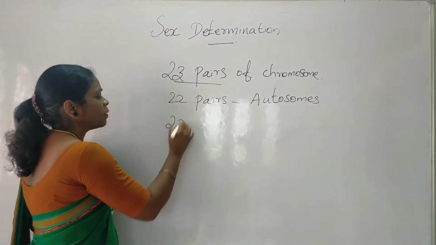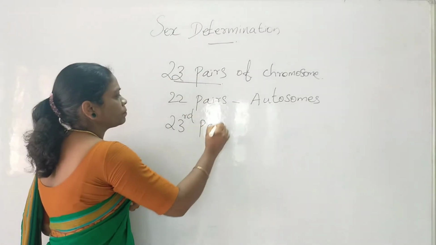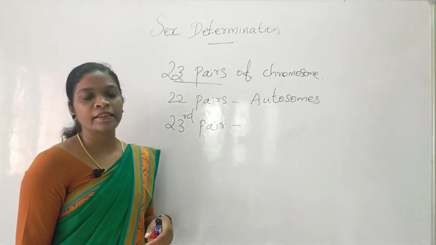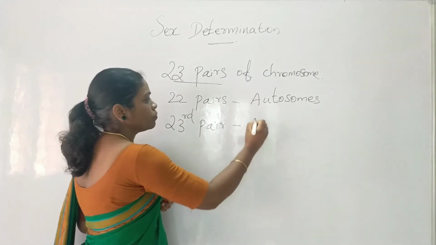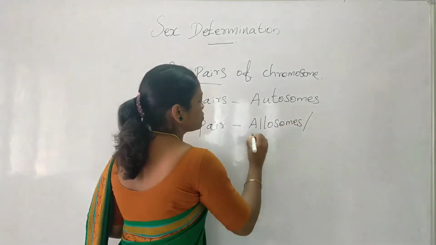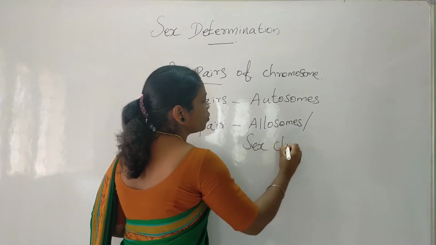The 23rd pair of chromosome, which differentiates male and female organism, is known as allosome, or is also known as sex chromosome.